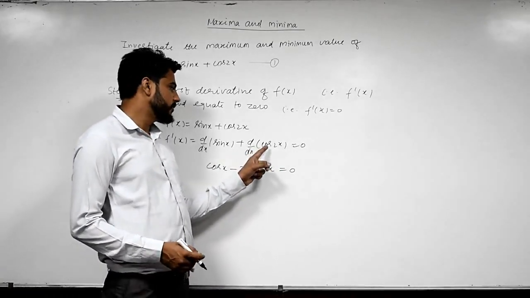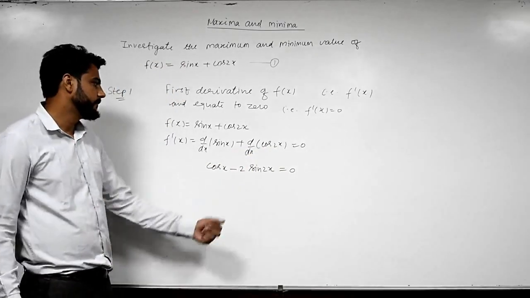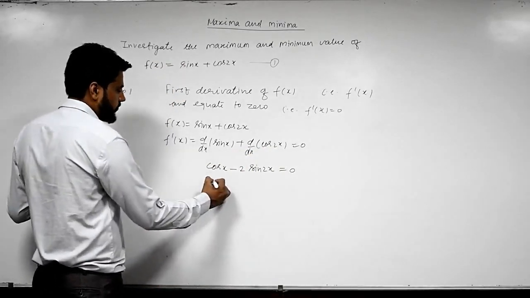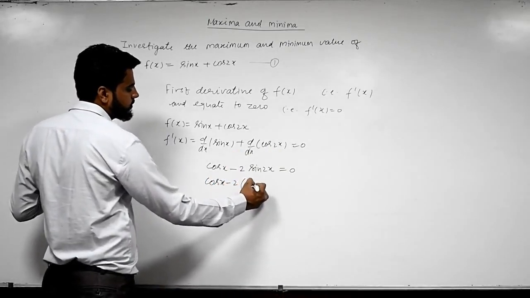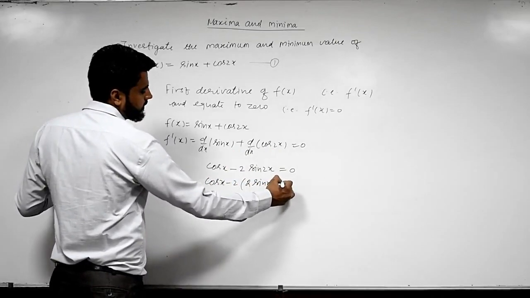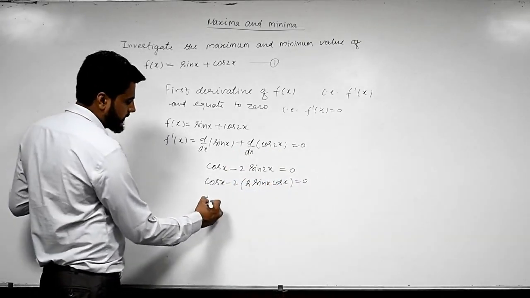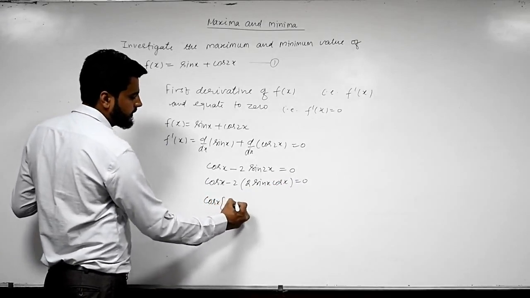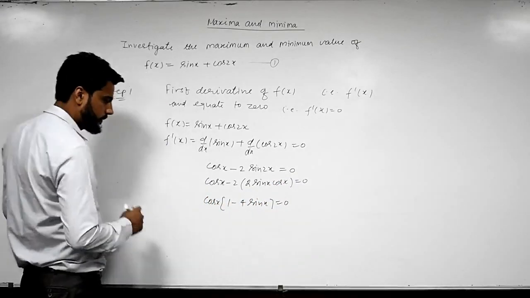Because the derivative of cos 2x is minus sin 2x and the derivative of 2x is 2. So, cos x minus 2, and we have another formula, sin 2x = 2 sin x cos x. Taking cos x common, this is cos x (1 minus 4 sin x) = 0.